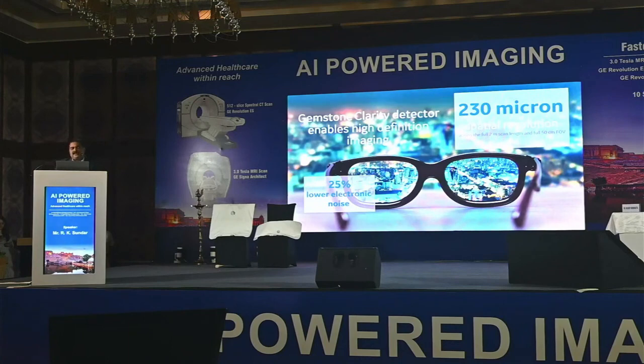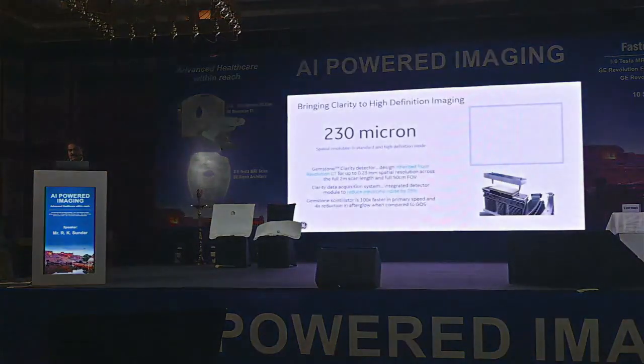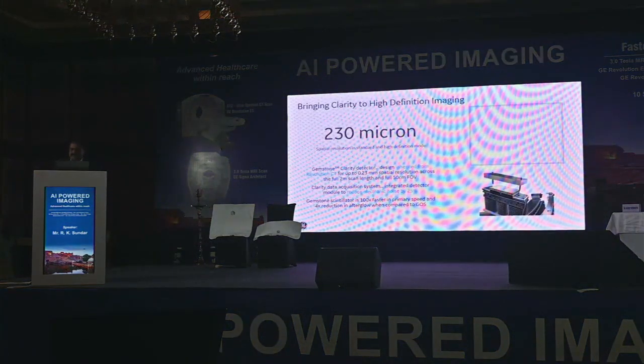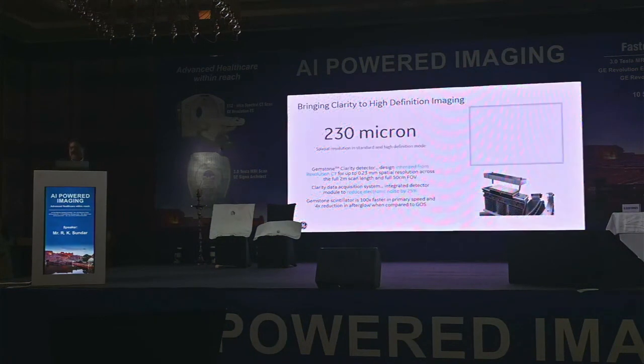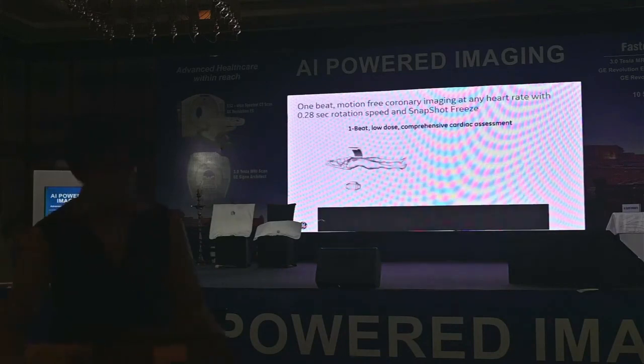So what you need is a very high resolution, and gemstone CT, unlike the other normal CTs, which are also called 256 or 512, gives you 230 microns or 0.23 millimeter of spatial resolution. That means you can see structures as small as 0.23 millimeter. We achieve it by this revolutionizing technology of gemstone detector and the clarity imaging chain.